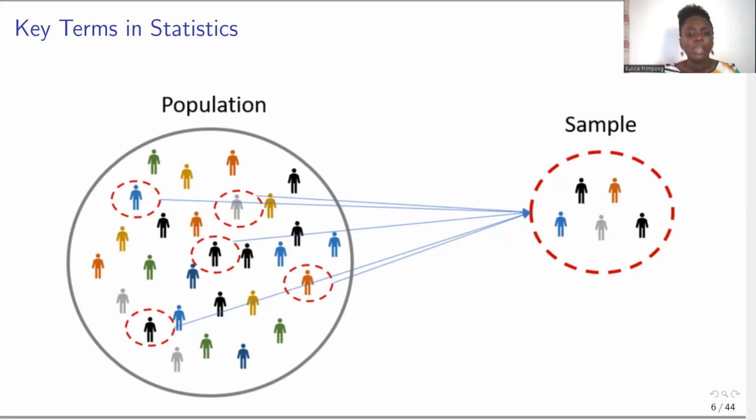So whenever a researcher wants to embark on a study, he may have a target group. For example, a researcher may want to understand the behavior of Ghanaians in spending money, okay?